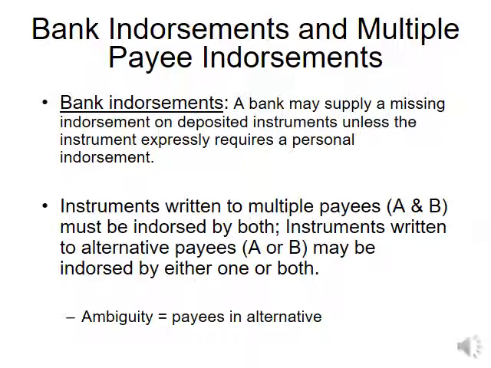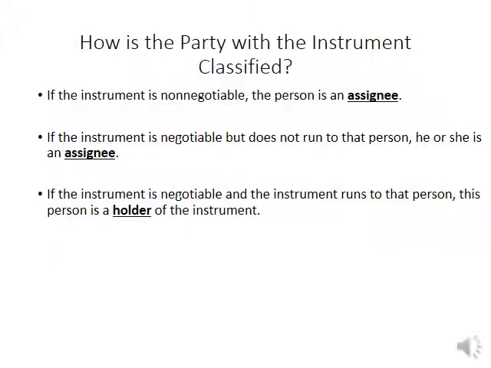Under the UCC, if it's confusing, it's treated like a multiple payee, which means you need both or all signatures. Under the revised UCC, it's treated as an alternative payee, which means you'd only need one signature. So that's something to think about.